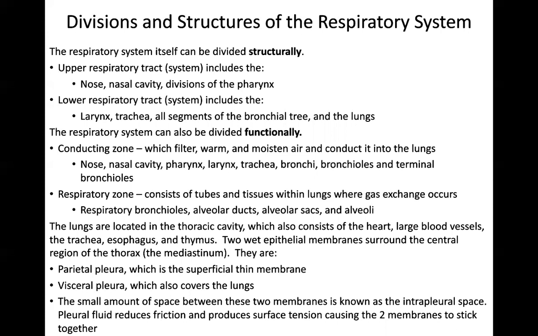Now, the pleural fluid that's also in there helps reduce friction so that those membranes aren't rubbing on each other and creating holes and that kind of stuff between them. You've probably heard watching movies and TV shows about a person having like a collapsed lung. A collapsed lung results when these two membranes are no longer stuck together.